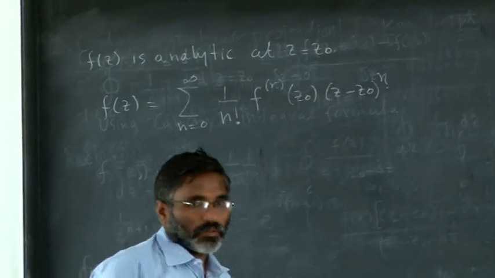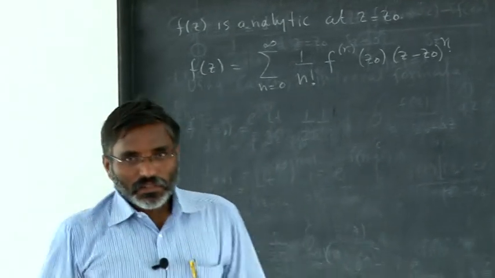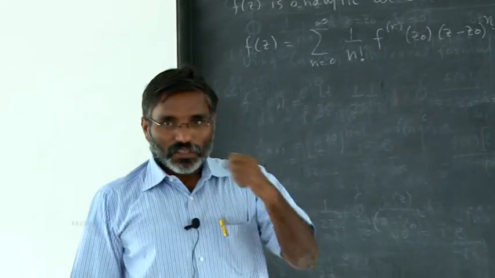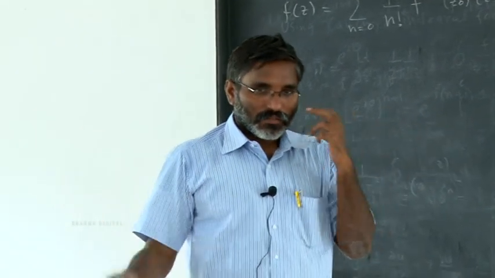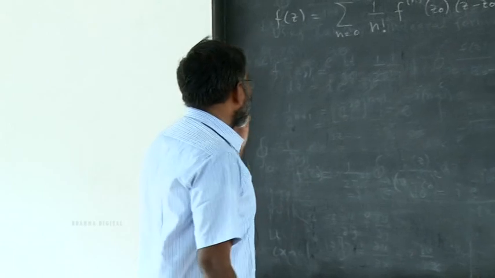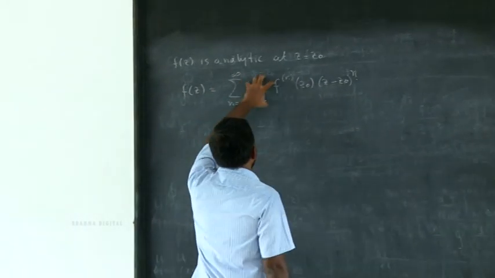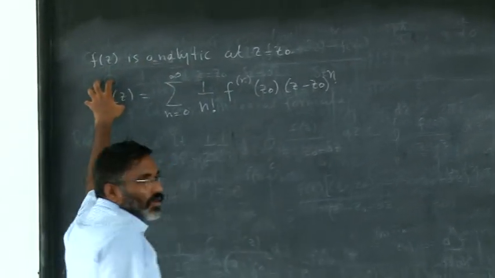This is the Taylor series. Now this series will be converging only in some region, not that it converges everywhere. Correct? This series will converge to this only in some region.